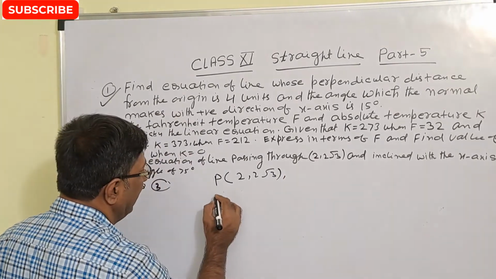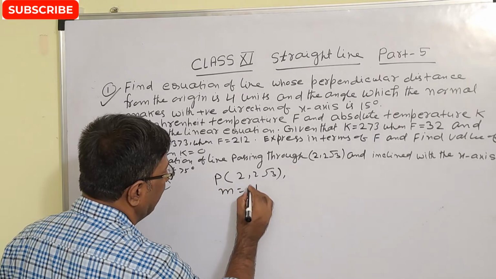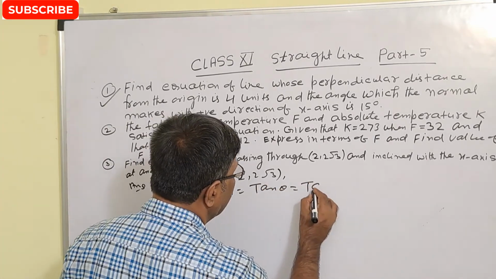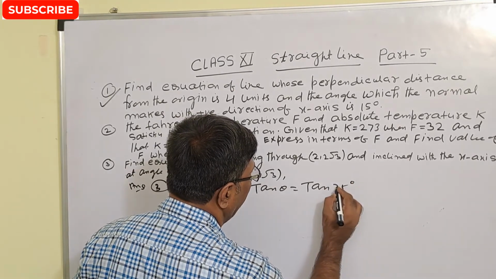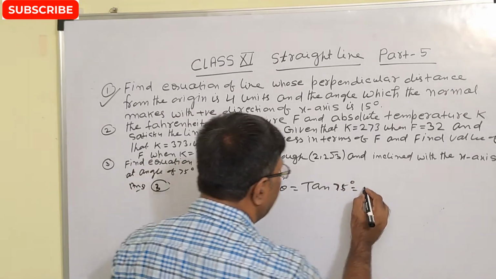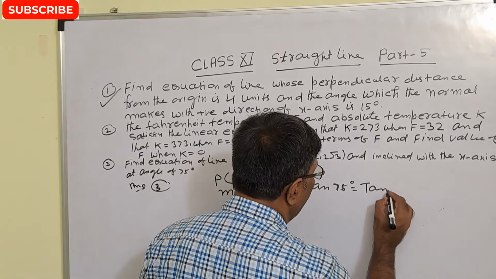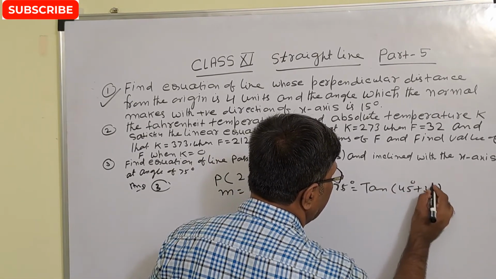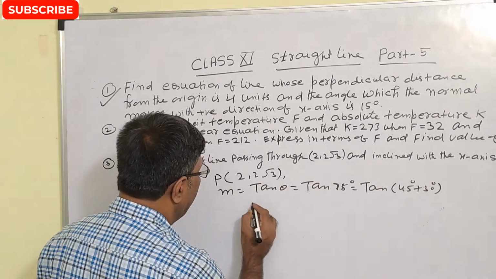So you can find m equal to tan theta, that is the slope. So this is tan 75 degrees. You know tan 75 equals tan of 45 plus 30 degrees, so we can find the value.